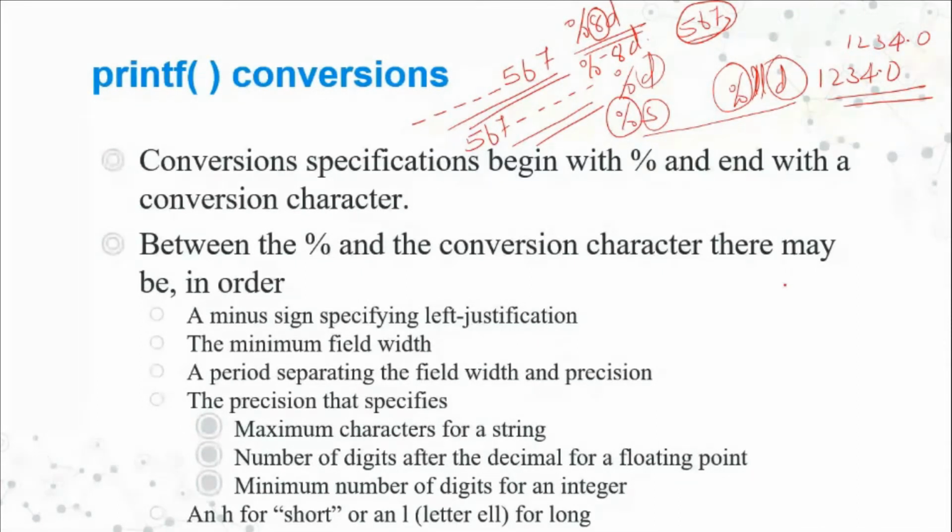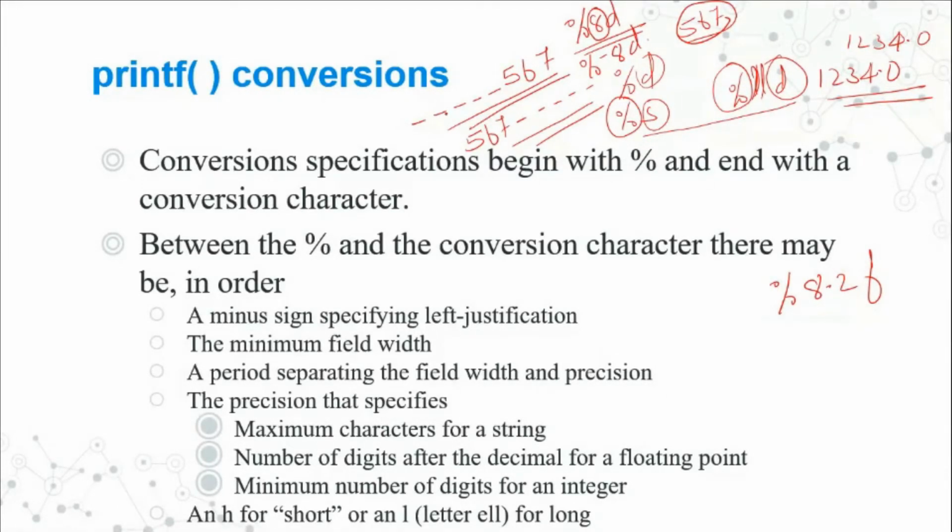It is something like this: %8.2f. So this is a floating point value. 8.2 means 8 spaces will be taken for printing this particular floating point value, out of which 2 will be decimals.